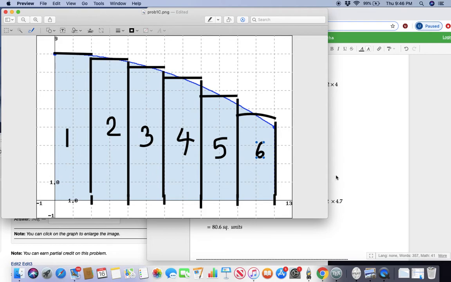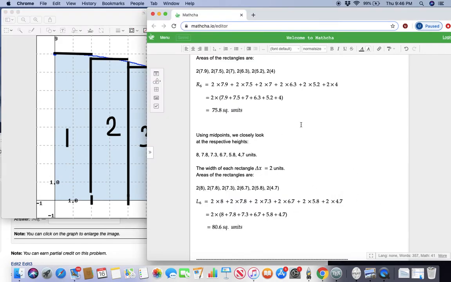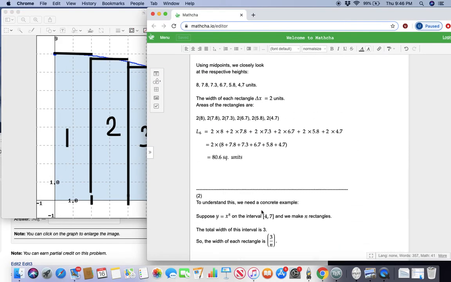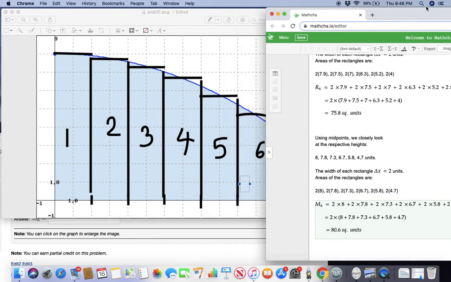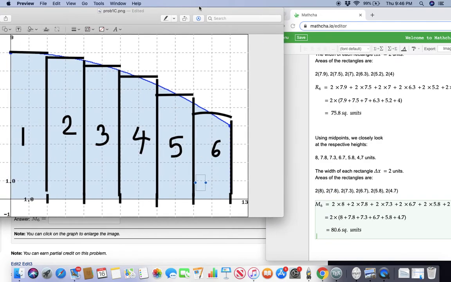Okay. So, what are the respective heights for the midpoint? It should be M6. The heights I get are 8, 7.8, and so on. Okay. 8 for the first one. The next one is a little more than 7.5. I will say 7.8.